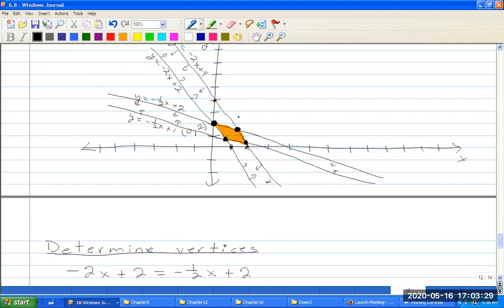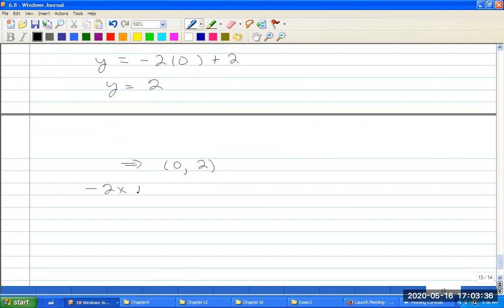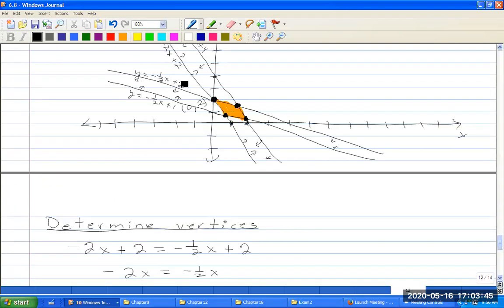So let's set negative 2x plus 4 equal to the negative 1/2 x plus 2.